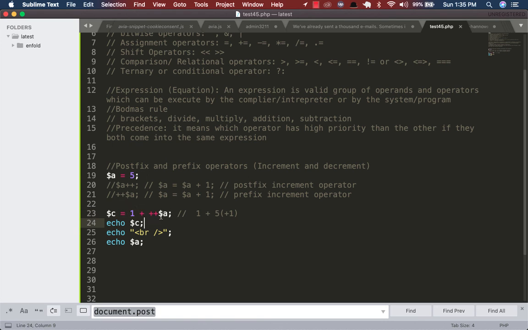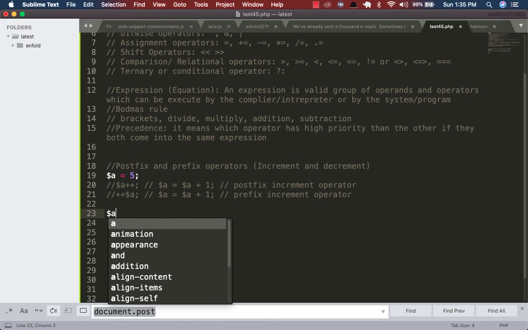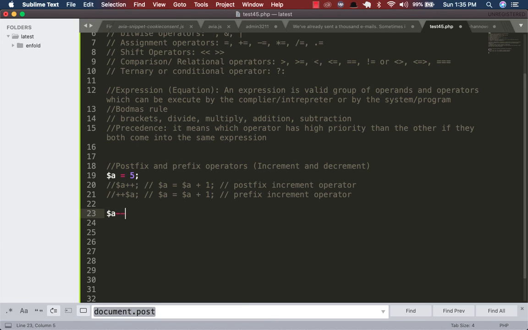This one is the increment operator. If we talk about the decrement operator, both of these are almost the same. The only difference is if we write $a minus minus, this means $a equal to $a minus 1.